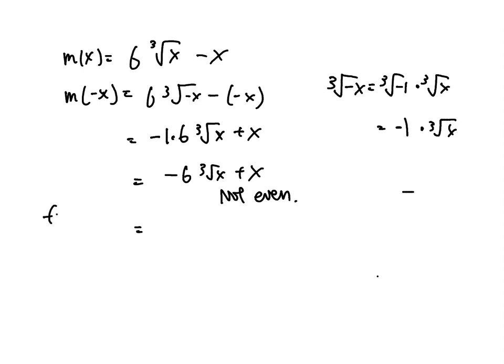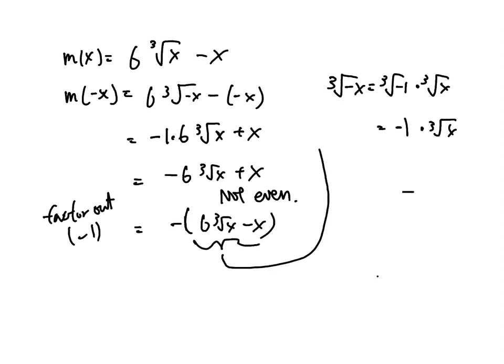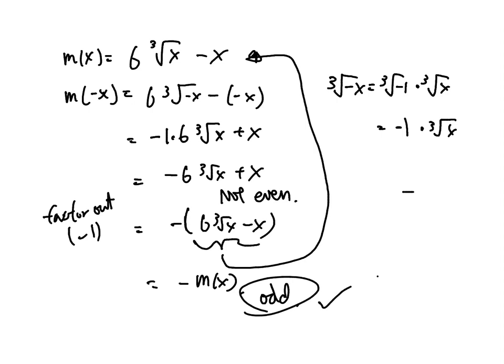When you factor out the negative, you get 6 cube root of x minus x, and this right here is the same as the original. So therefore, this function is odd.